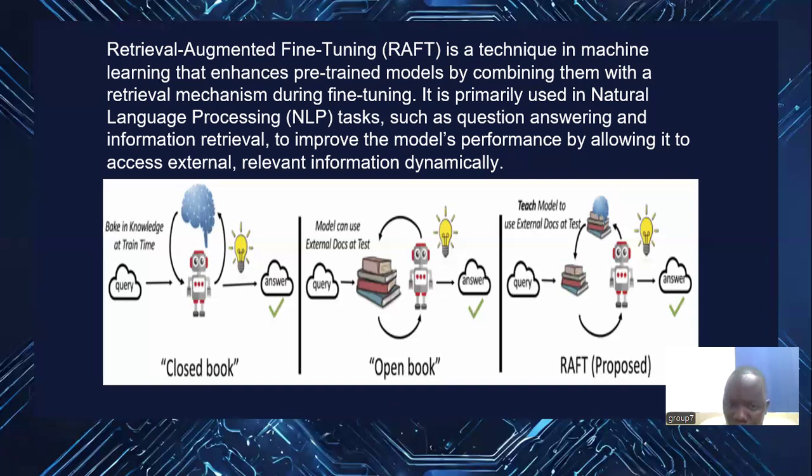In open book, there is access to external sources, but it does not allow retrieval of information from documents. In RAFT, it allows all of it: access to external sources and retrieval from other documents.